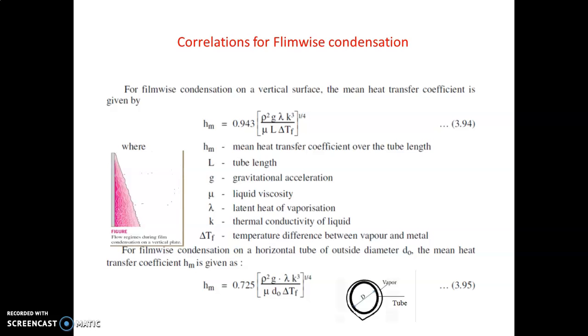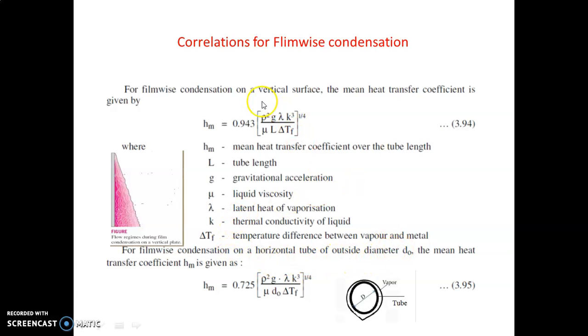So for that purpose we discuss filmwise condensation only in this chapter. First we want to calculate the mean heat transfer coefficient for two types of surface. The first one is the vertical surface and the second one is the horizontal surface.